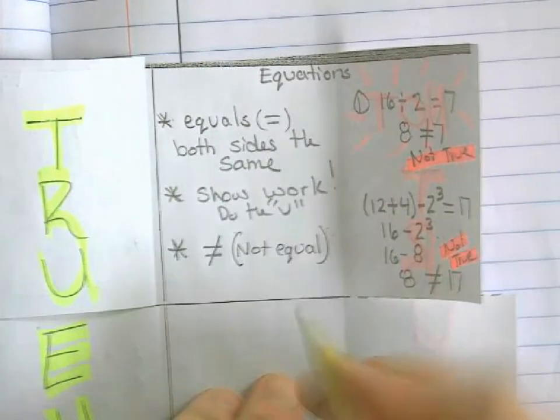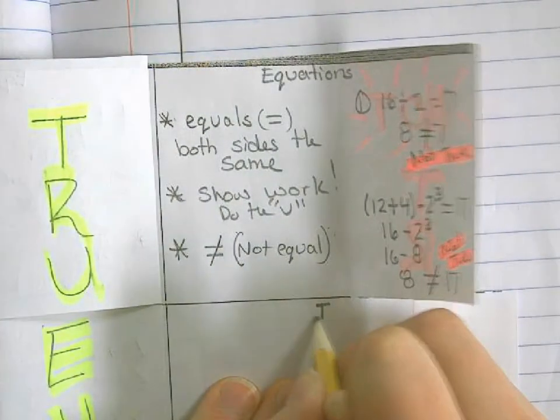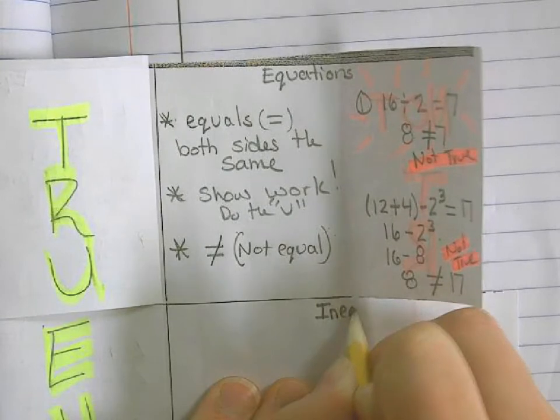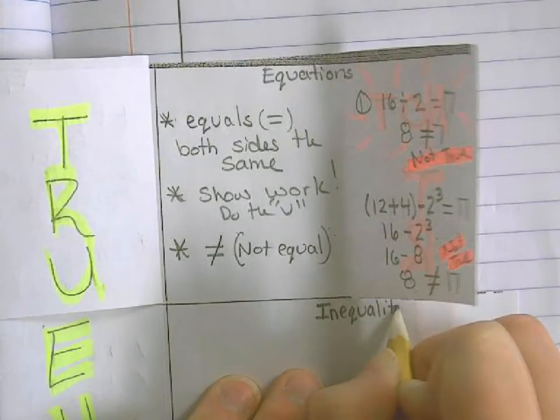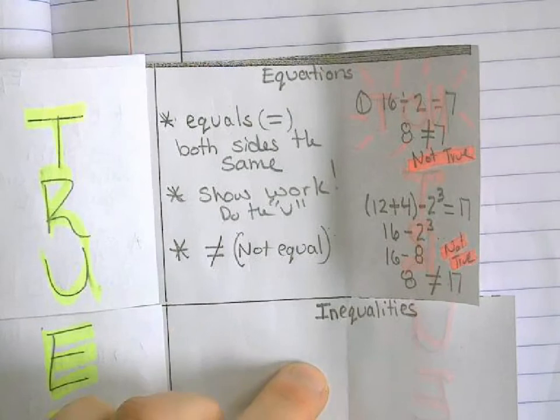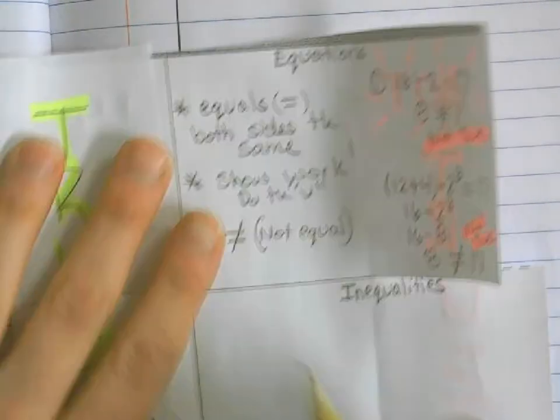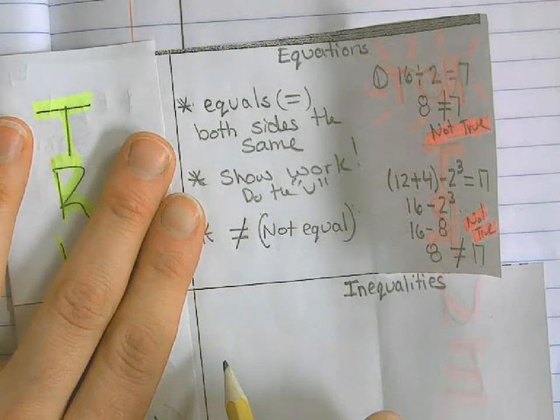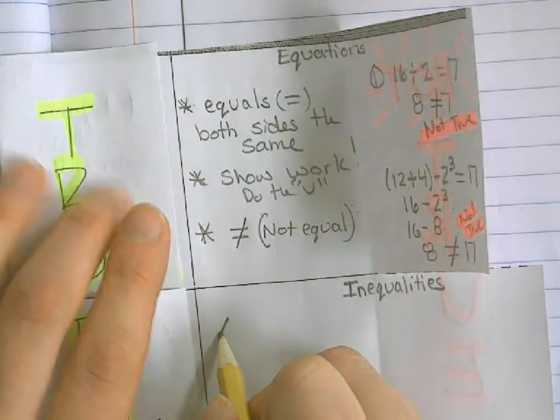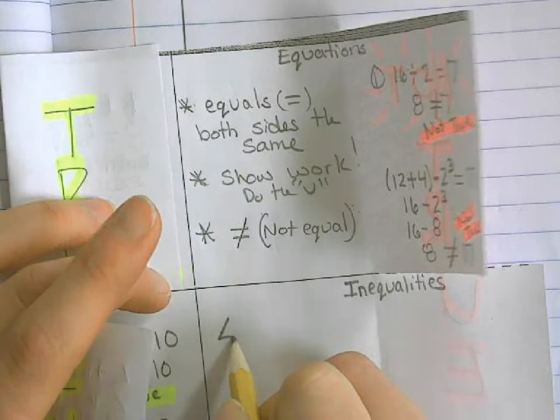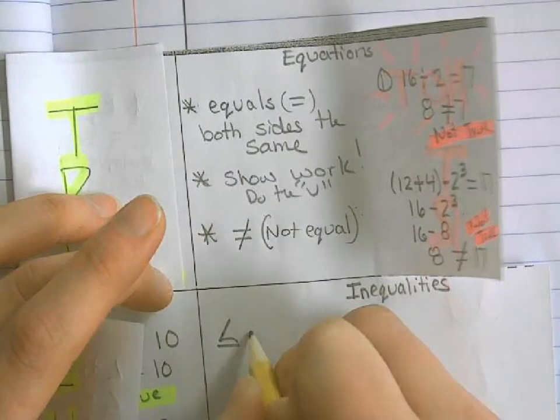Okay. Now let's take a look at inequalities that are not true. Well, let's go ahead. It won't hurt us again to review one more time what those symbols mean. So we have less than.